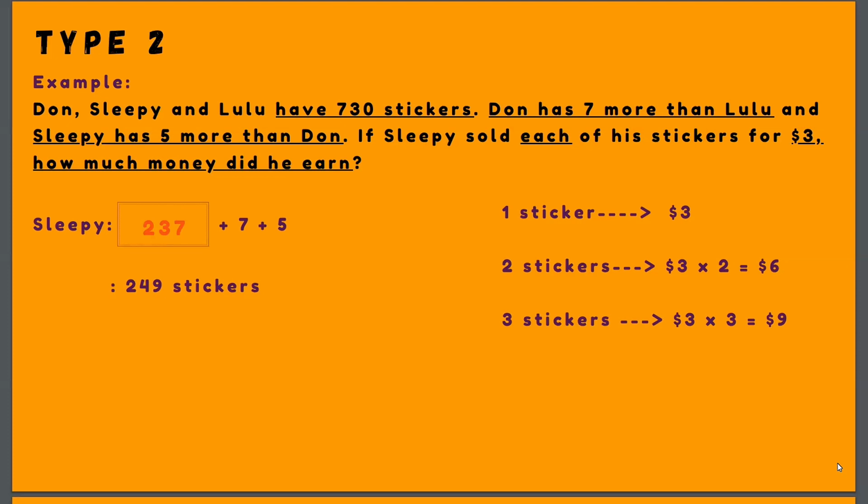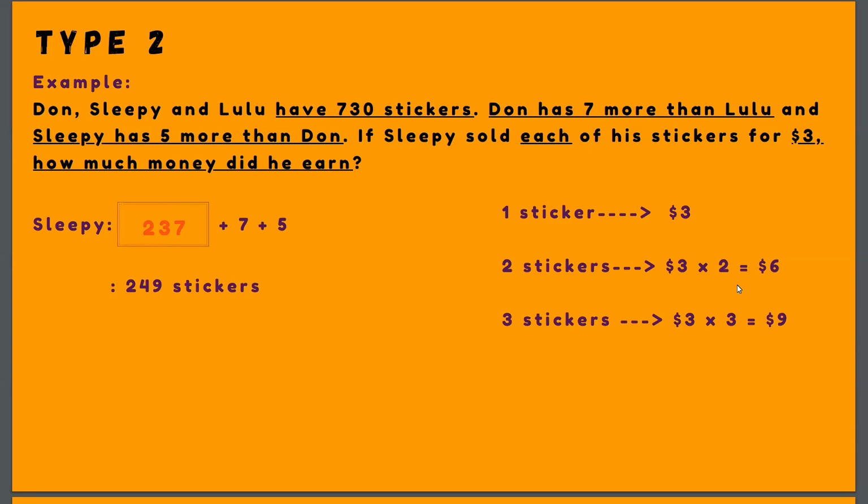Now, one problem that some of my students had, they divided 249 by 3. But let's look at this pattern that we have over here. One sticker gives me $3. If I sell 2 stickers, that's $3 2 times. So that's 3 times 2, that's $6.